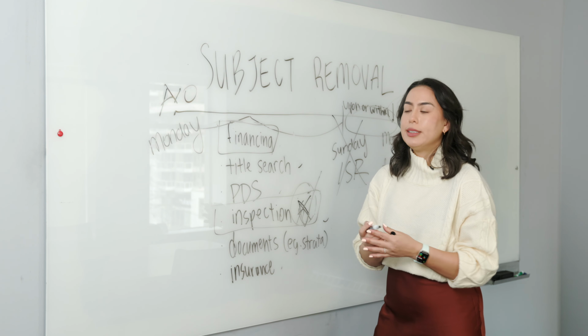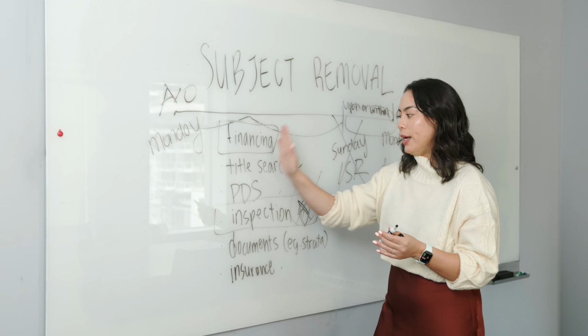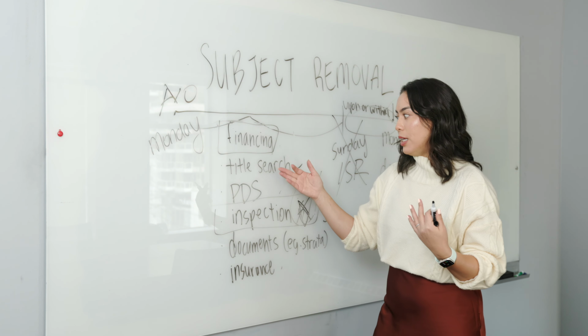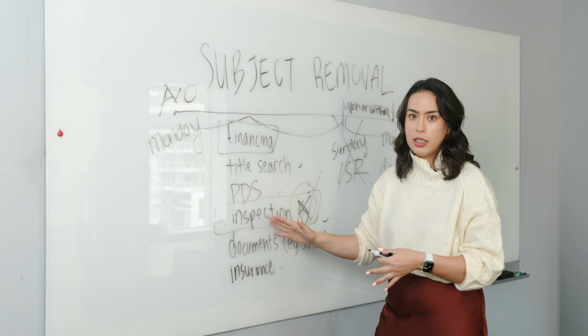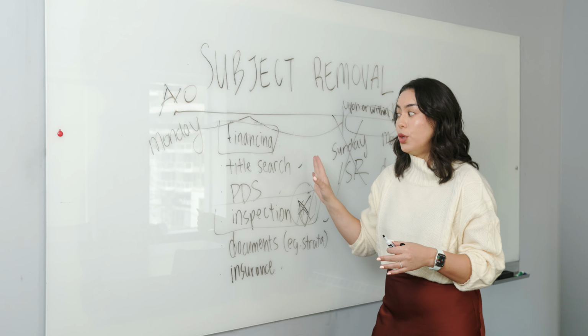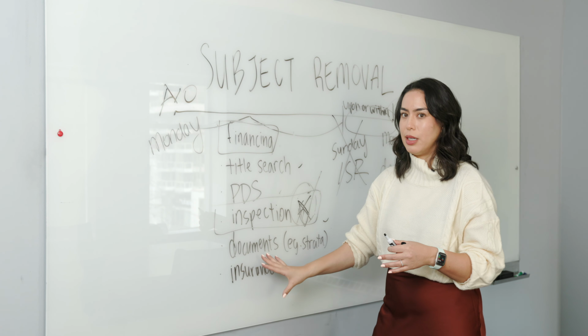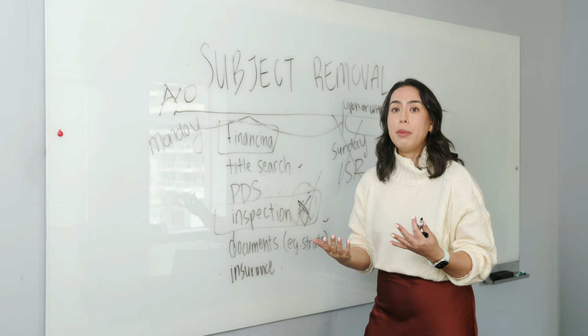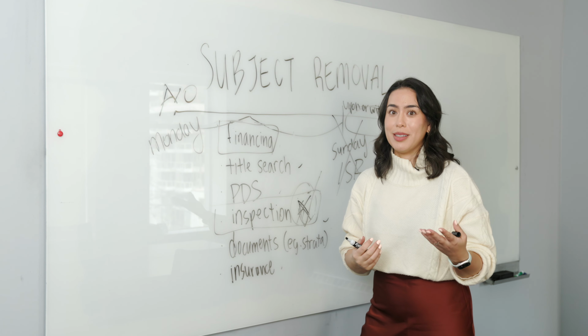Now, you can ask for an extension for all of the subjects, and the whole subject removal period to be pushed back. But say you've already satisfied title, PDS, inspection, all of these things, and you just need an extension for financing, you could hypothetically remove these subjects and just extend the subject removal for financing. And that might be something that's a little bit more agreeable to the seller.